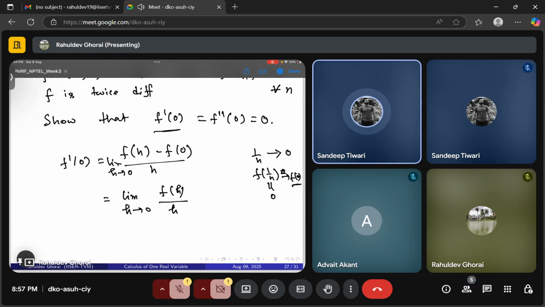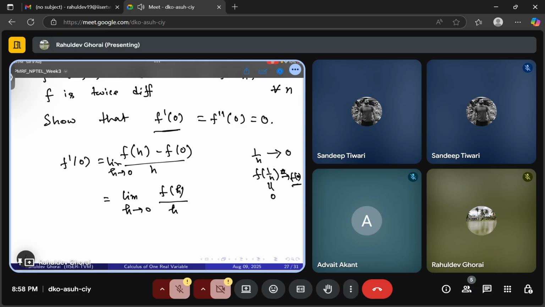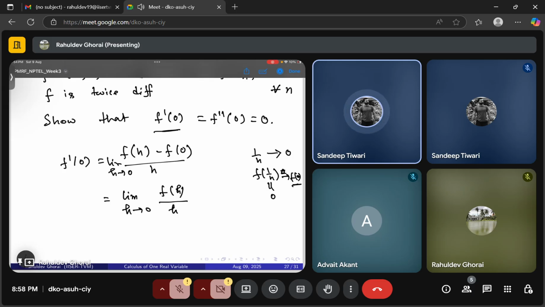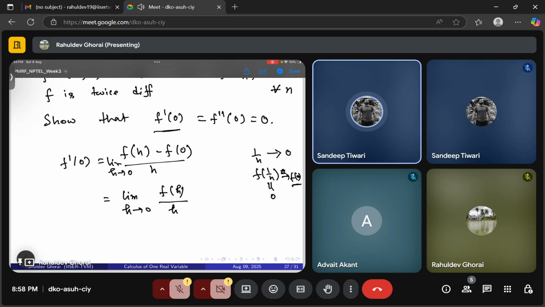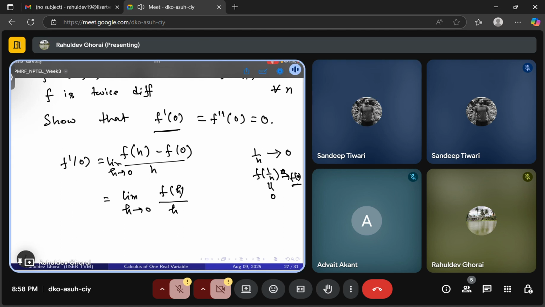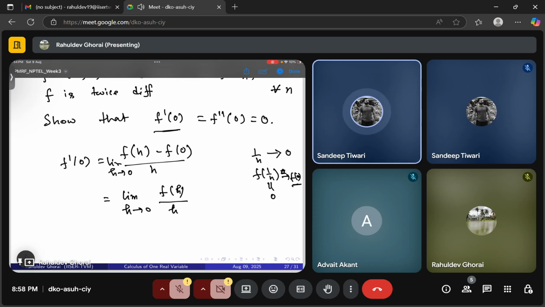But what is the problem? That will be the derivative. What will be the derivative? If you take the sequence 1/n, it is given that f is 0 at 1/n for all n. So this limit will be 0, f(h) by h.